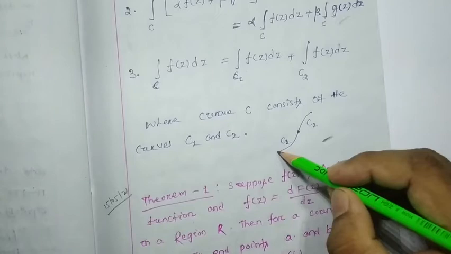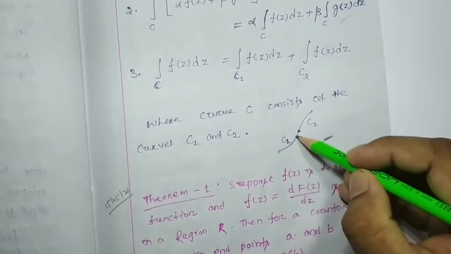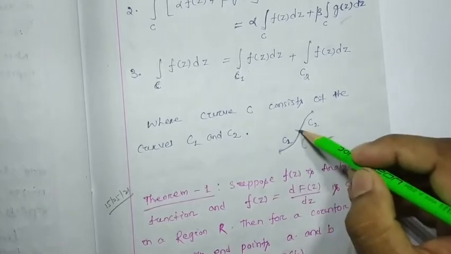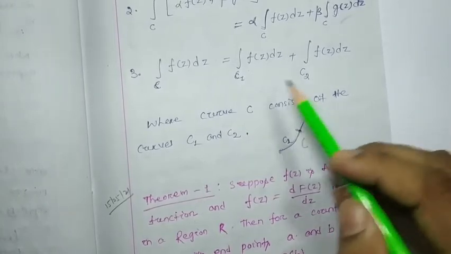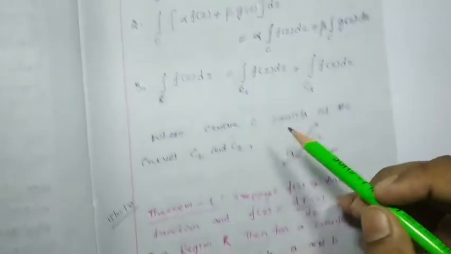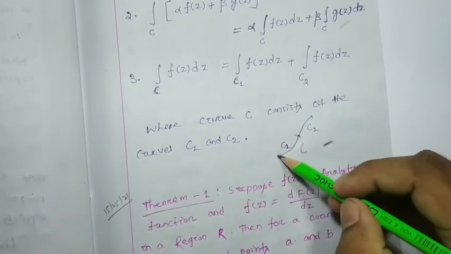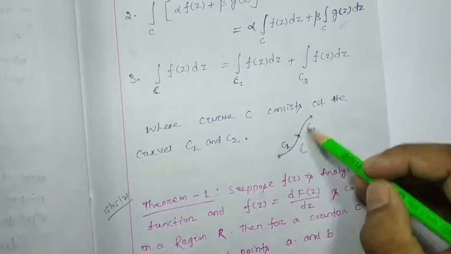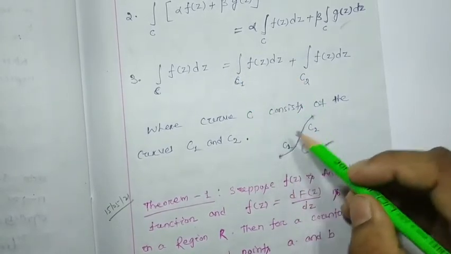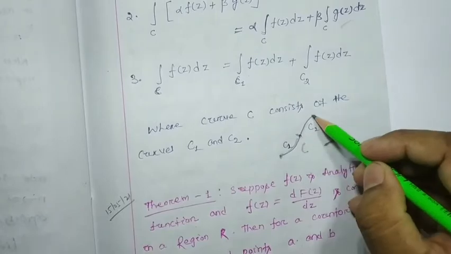Suppose the curve C is divided into two curves, C1 and C2. Instead of writing the contour integration of the curve C, which starts here and ends here, it will be equal to the contour integration of C1 plus the contour integration of C2, right?